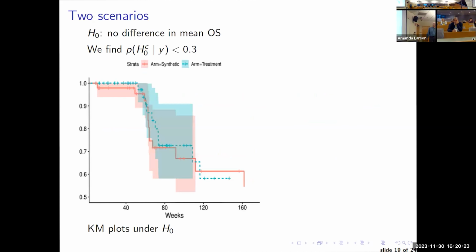And now here are two simulations, where we actually simulate possible outcomes. In the one simulation, we simulated under the null hypothesis, meaning we simulated outcomes for the new patients that were no different from the historical patients.